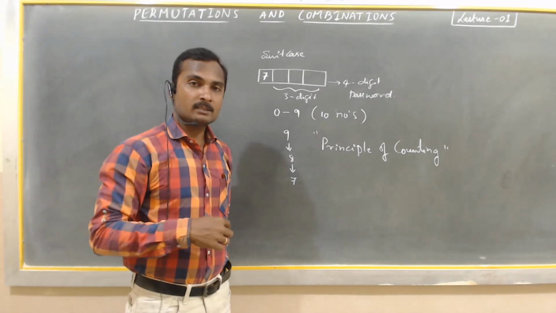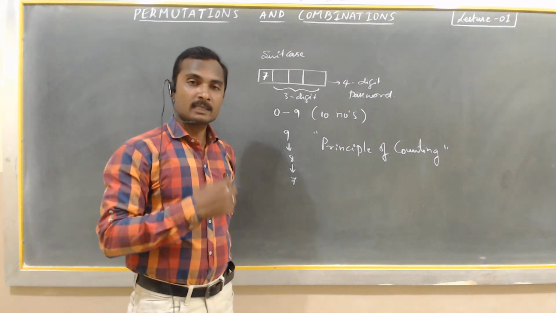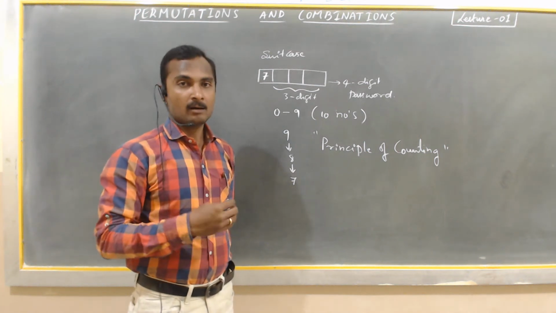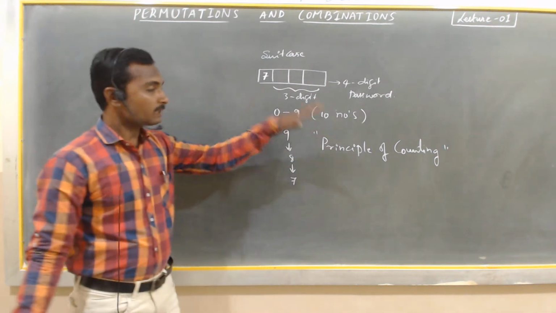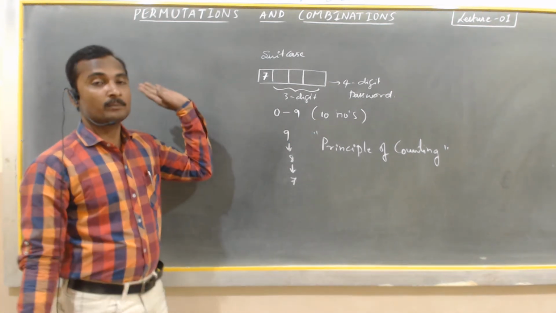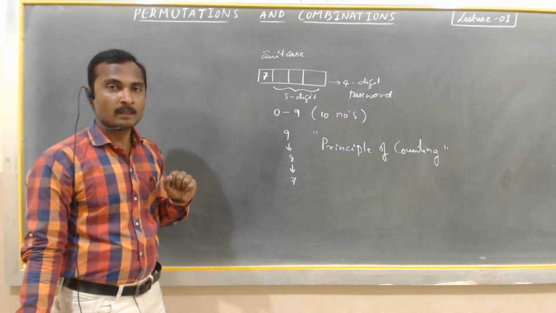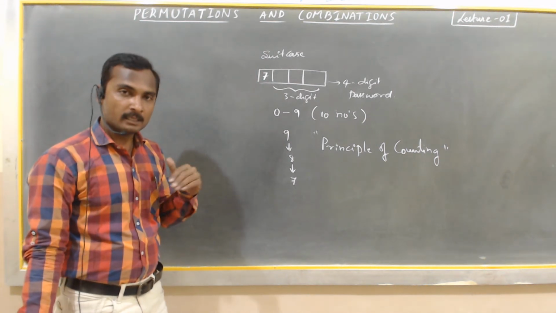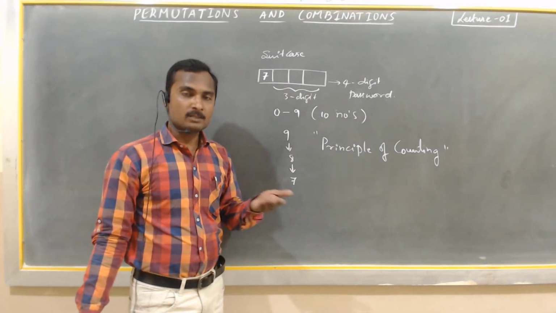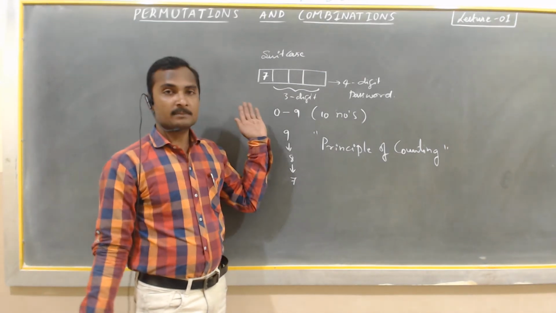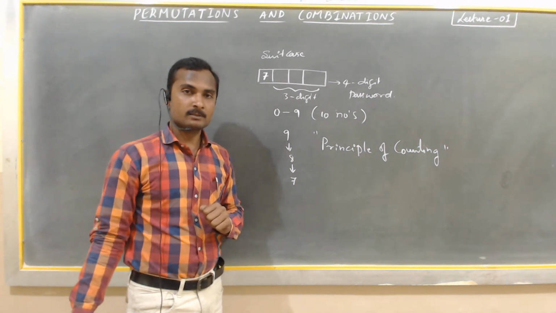Through this, we can understand how such problems can be calculated or the solution can be found. This type of concept we will study in permutations and combinations. Using different examples and the principle of counting, we will try to understand the concepts of permutations and combinations.